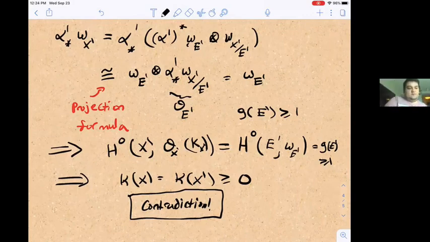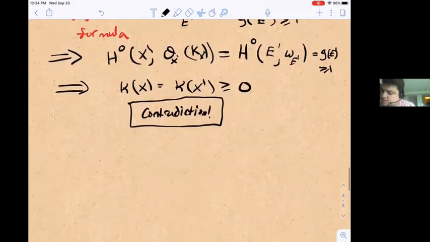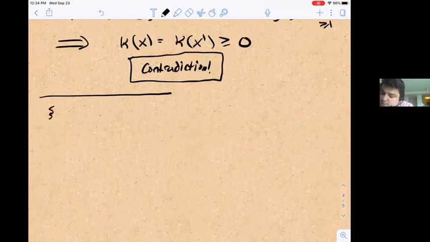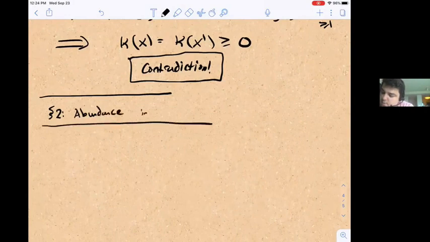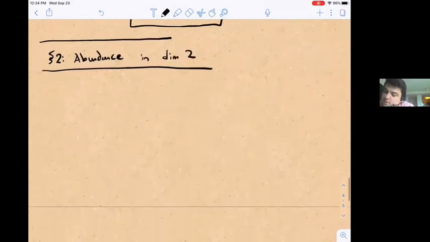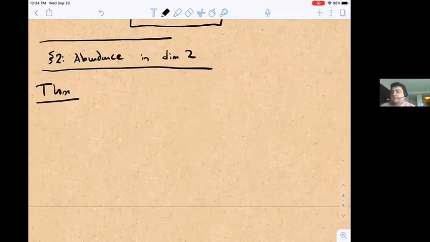Okay, so now we want to prove the abundance theorem. And recall the theorem was that not only does K have some sections, it actually has a lot of sections.